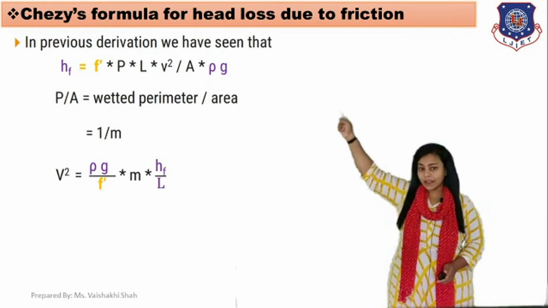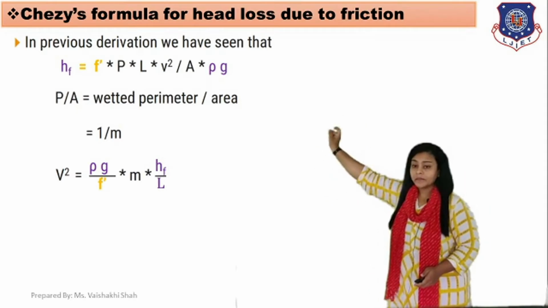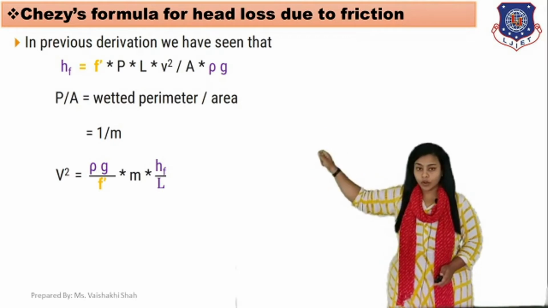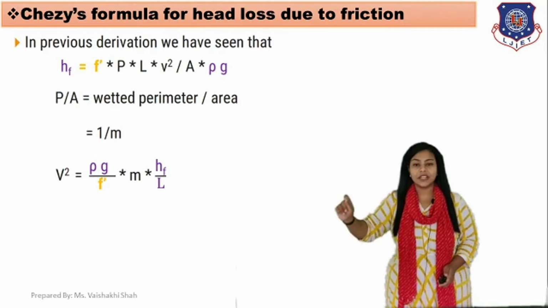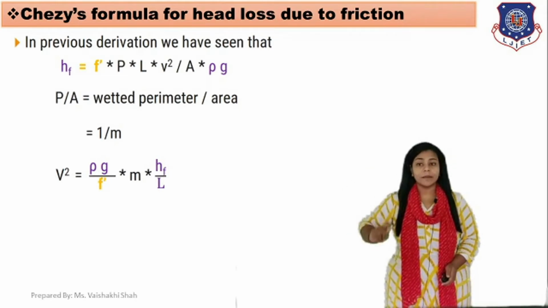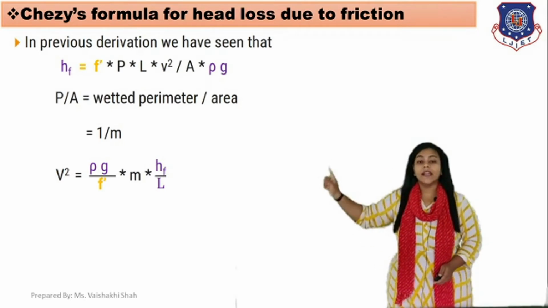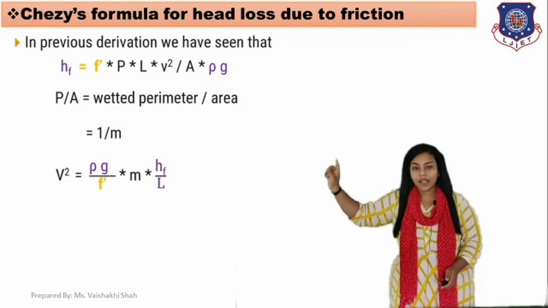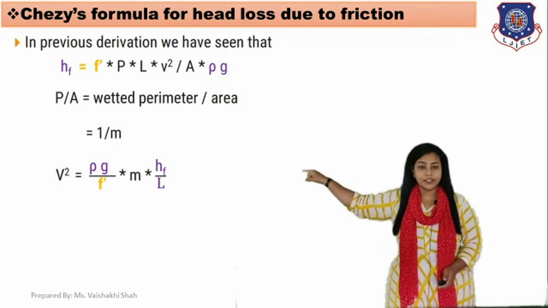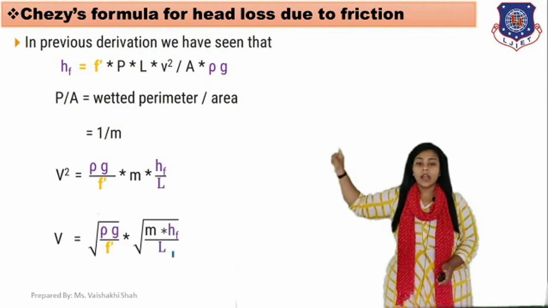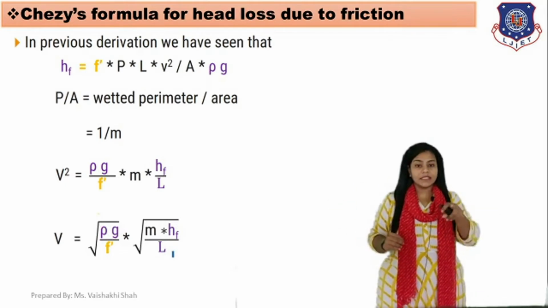Now in the above equation, if we make V square the subject, then V square equals rho into g into m into hf upon L. Here we replaced P by A with 1 upon m divided by f dash into L. If we make V the subject, then on the other side the term comes under root.